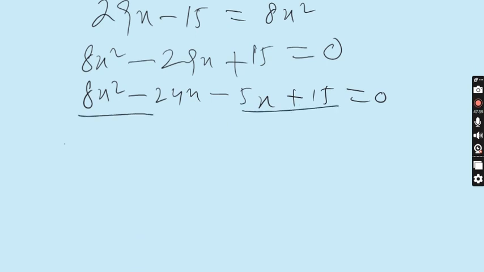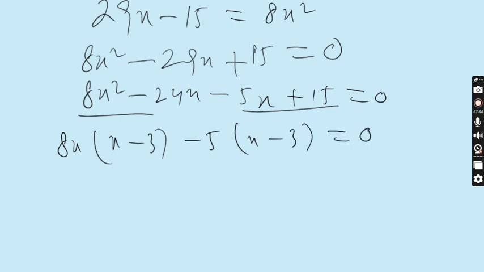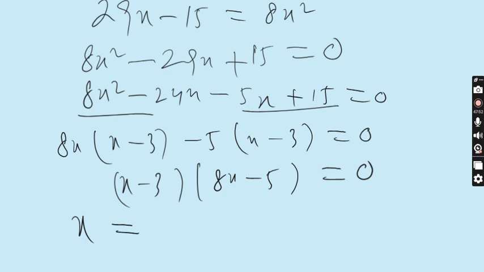Taking first two, last two, 8x(x minus 3) minus 5(x minus 3) is equal to 0, (x minus 3)(8x minus 5). This implies that x is equal to 3 and x is equal to 5 upon 8. Answer.